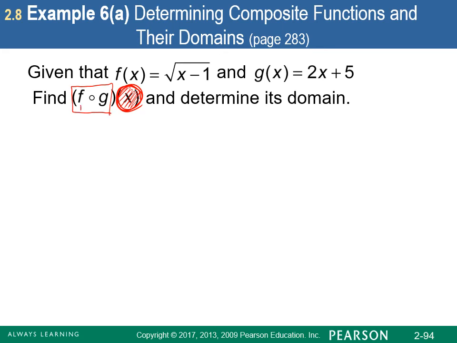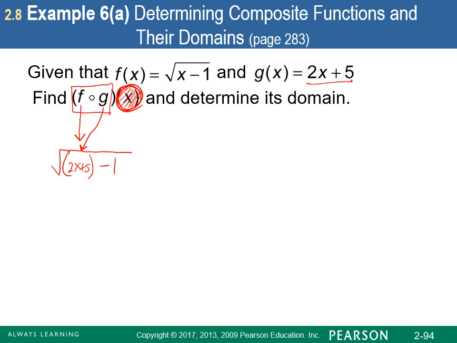So again, the technique is start by writing down the f function. Where there's an x, put parentheses. So the f function is the square root of x minus 1. Then, in the parentheses, put the g function. Now the g function is 2x plus 5.